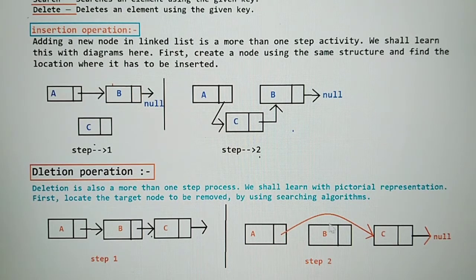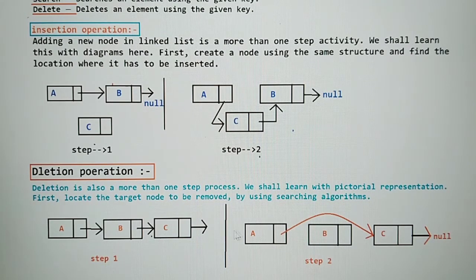I skip this B, so here it is going to be deleted. And in the next step, step 3, you can see the linear singly linked list, because B is deleted, and A and C are made into a singly linked list.